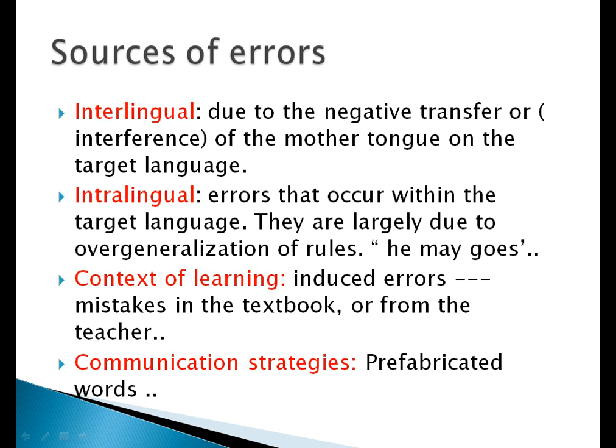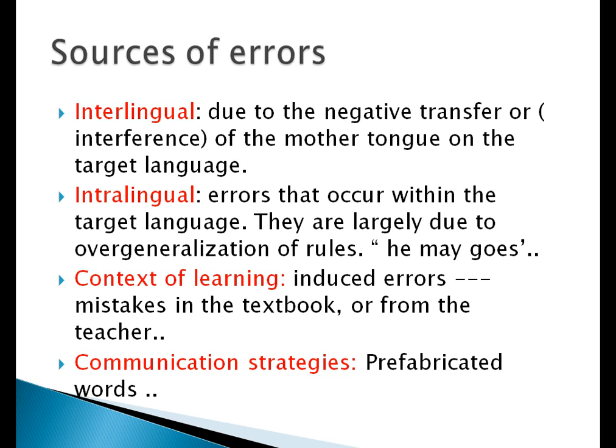For example, when a learner learns the simple present, he goes. We say "he goes." But when we say "he" plus a modal verb, we need a bare infinitive. We must say "he may go." But a learner might be tempted to make a mistake and say "he may goes," which is a grammatical mistake, which is an overgeneralization.